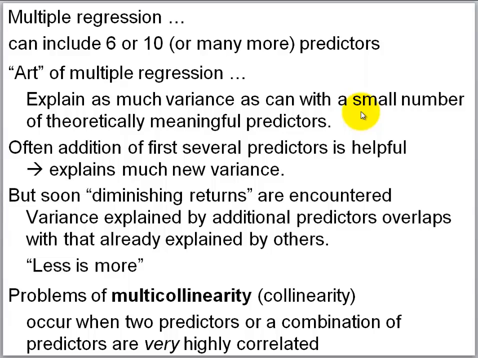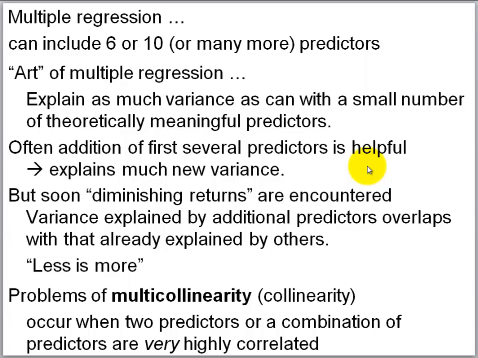And I'll just mention a pattern that you often see with multiple regression. Oftentimes, the first several predictors in the regression equation really help that equation. Each additional predictor explains considerable new variance.